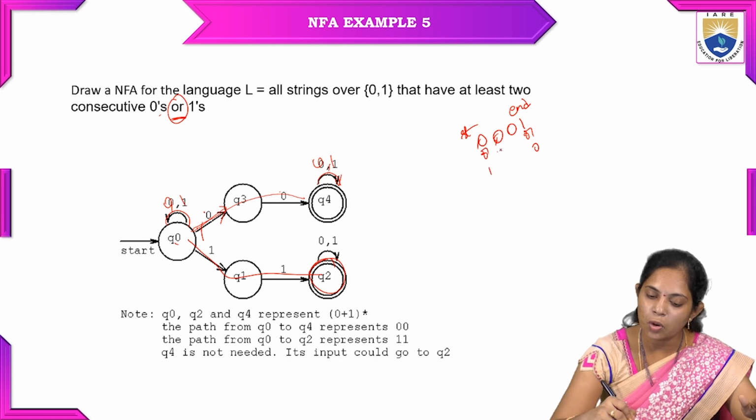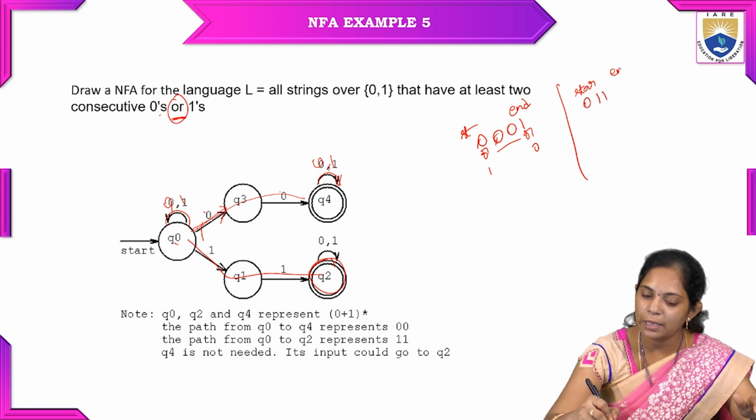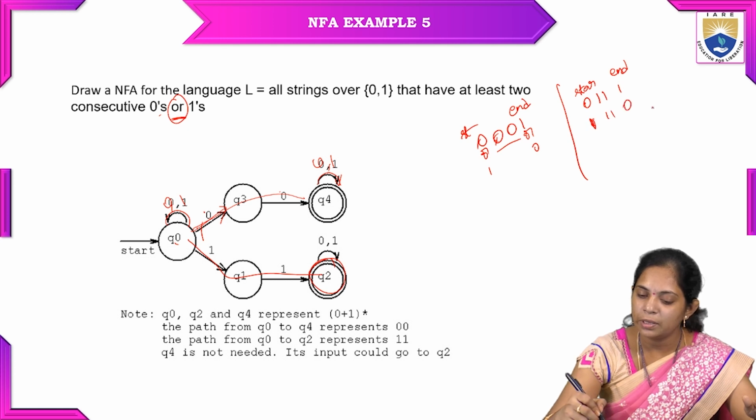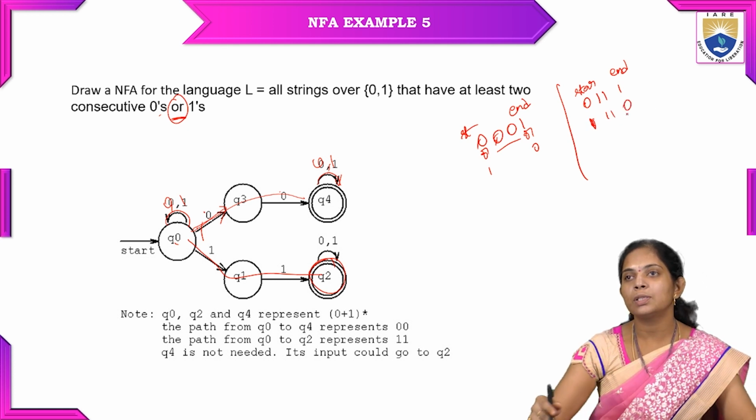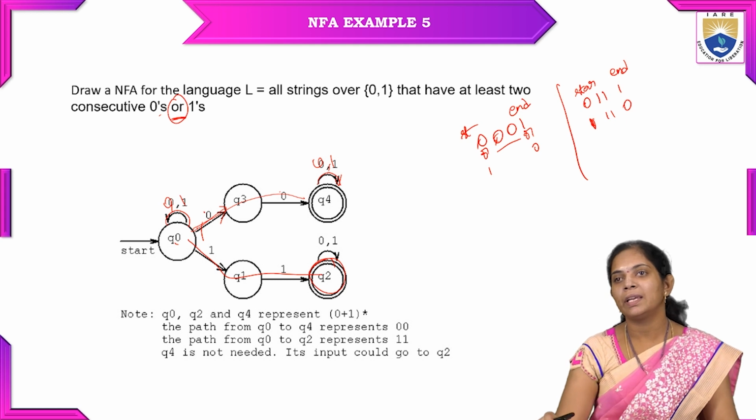This is the 2 consecutive zeros. In the same way, we can start with 0 and have 2 consecutive ones and end with 1, and likewise consecutive ones ending with 0. Like this we can elaborate for simplification.